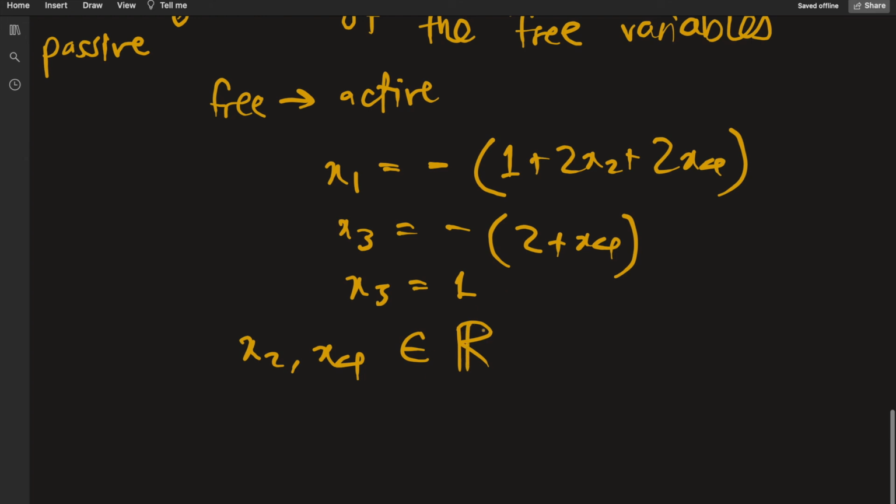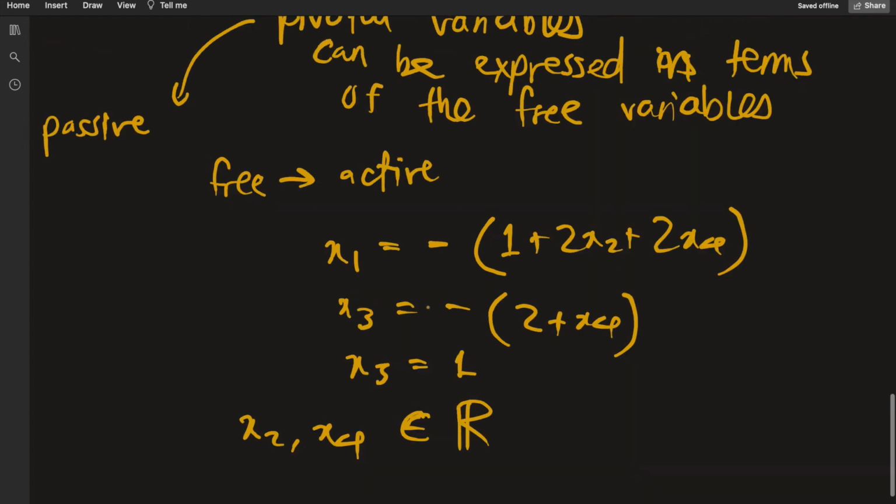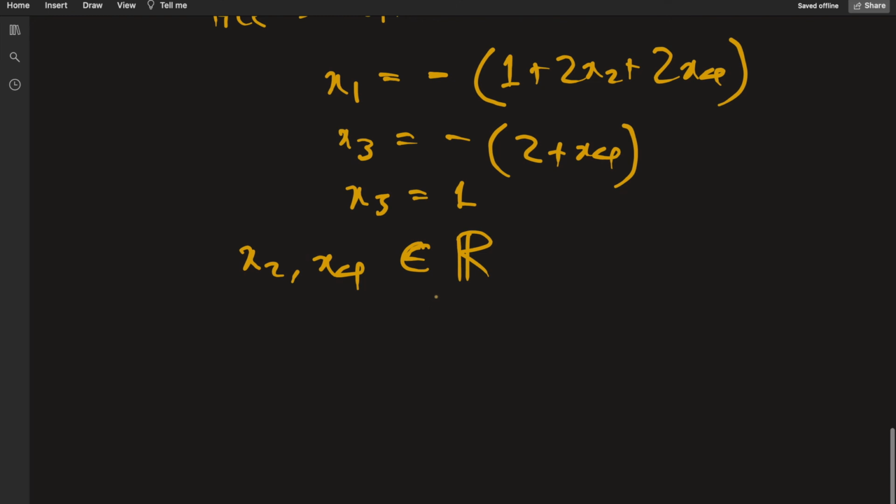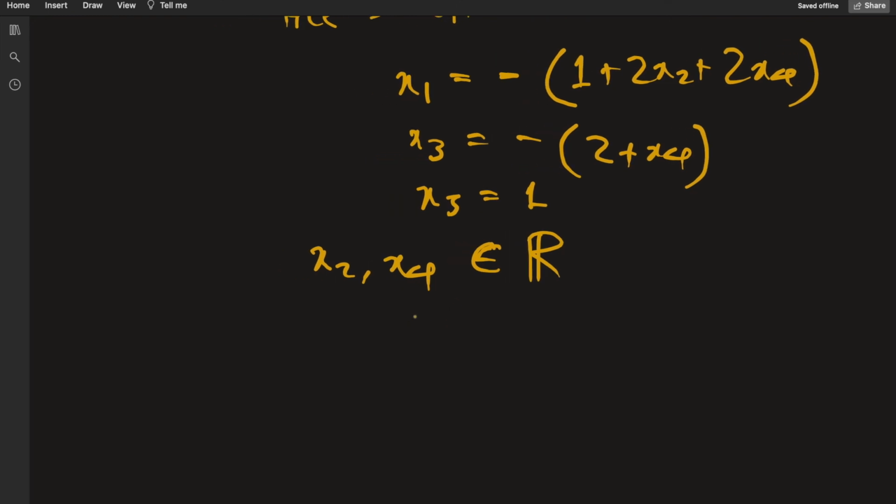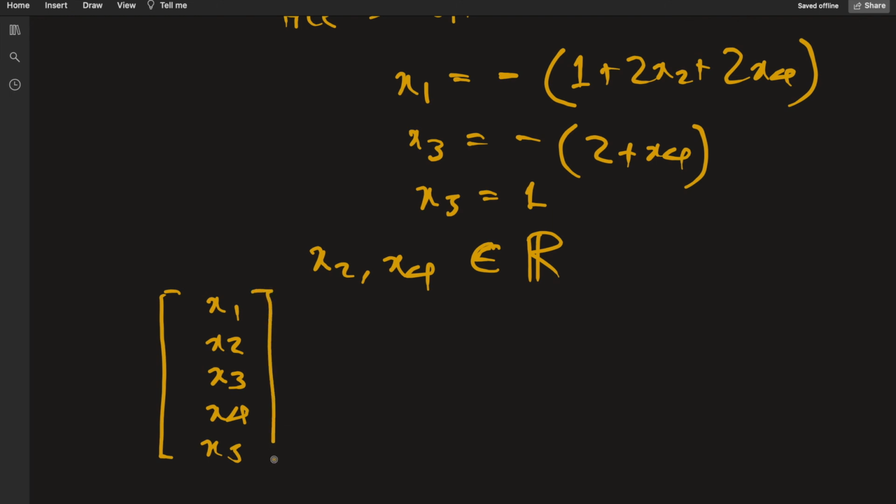Again, this could be a part of complex numbers, but that depends on the domain. Let's stick with real numbers for now. So the entire solution for this system, values of x1, x2, x3, x4 and x5, are as follows.